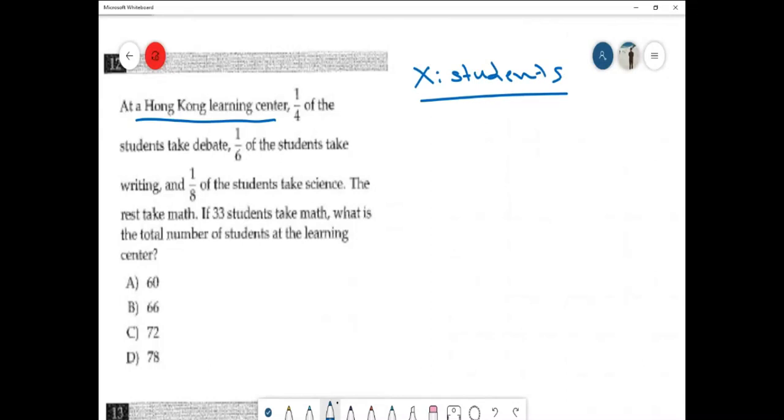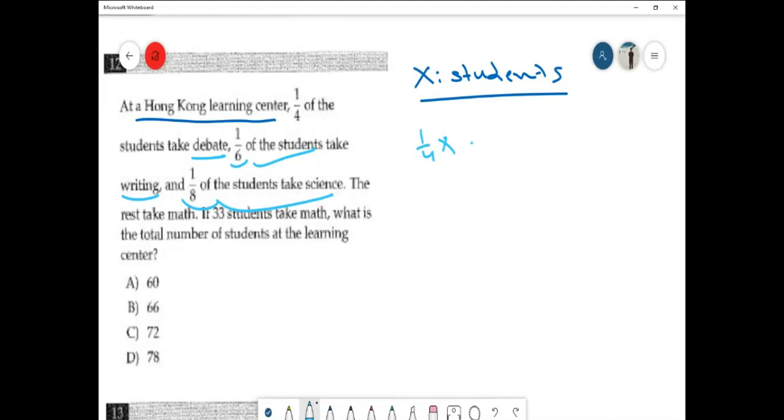Okay. I'm going to explain one more time, and if you don't understand, please tell me. There's a center named Hong Kong Learning Center. There are students, and they are selecting courses. One is selecting debate, the other writing, the other science, and the other math.